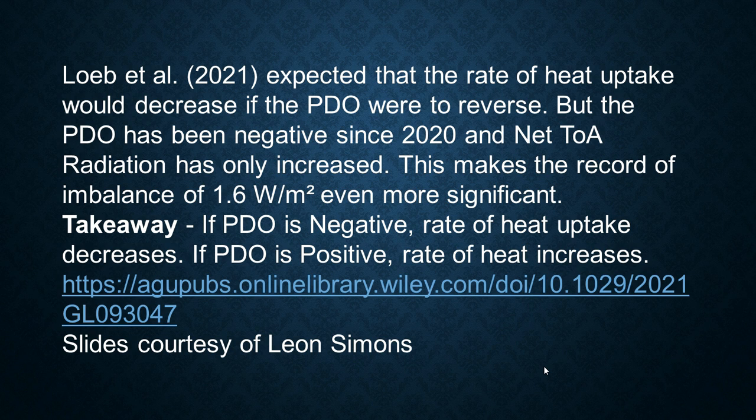In other words, what was expected was that if the PDO is negative, the rate of heat uptake decreases. If the PDO is positive, then the rate of heat uptake increases. And there's a link to the study if you wish to look at it.